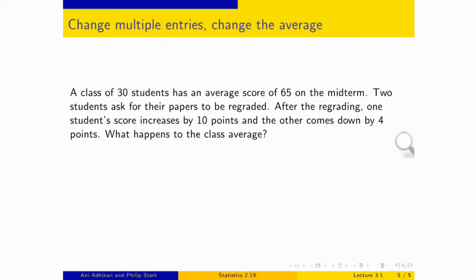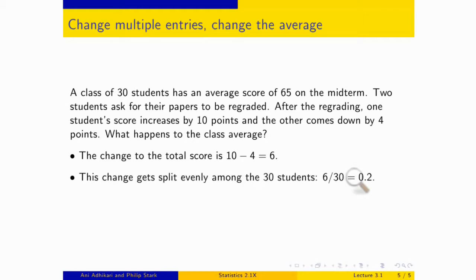Well, we know that what we need to look at is how much did the total change. And the total changed by the plus 10 and a minus 4. So plus 10 minus 4 is a plus 6. That's the change to the total pot of points. And this change gets split evenly among the 30 students.